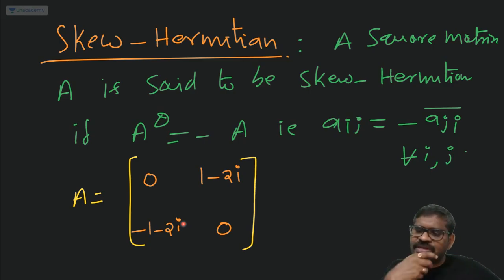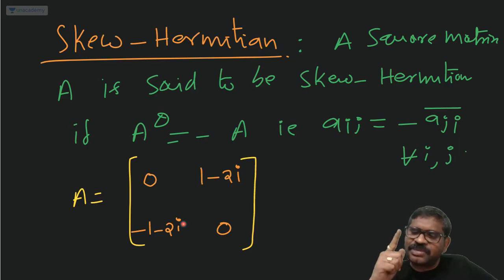Vivek Vardhan, I told you 2 times. Symmetric is real, Hermitian is complex. What is your question? Sir, every real symmetric is Hermitian. पागल है क्या? Real Hermitian कैसा होगा? Real is real matrix. Symmetric is real matrix. Hermitian is complex matrix.